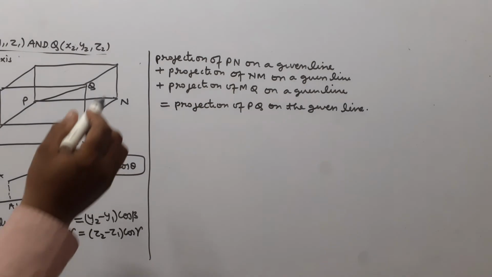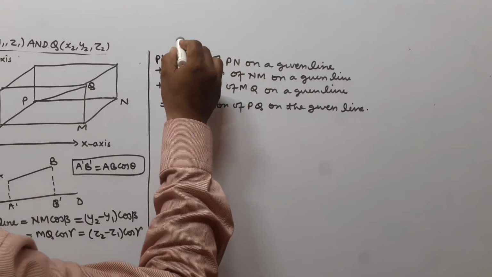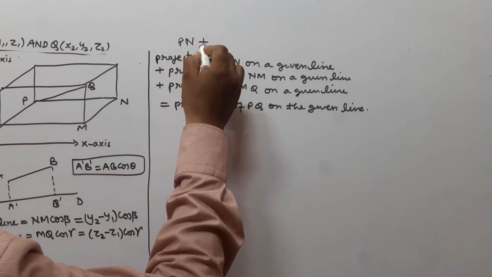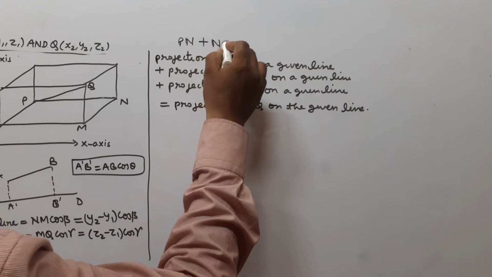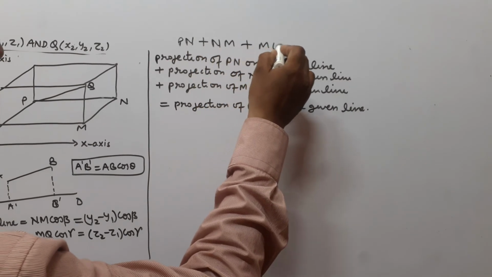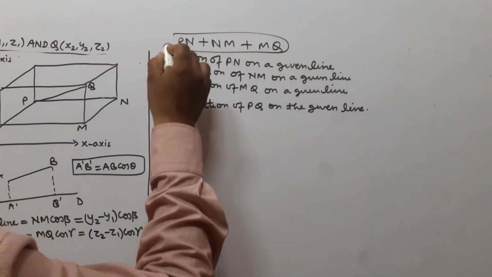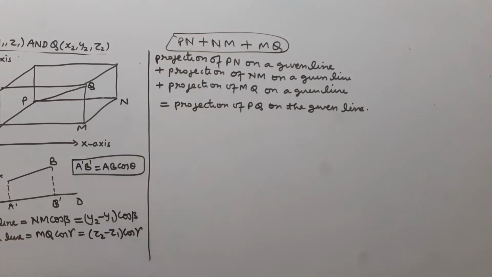This is the projection of PN plus projection of NM plus projection of MQ. So we can write here the projection of PQ.